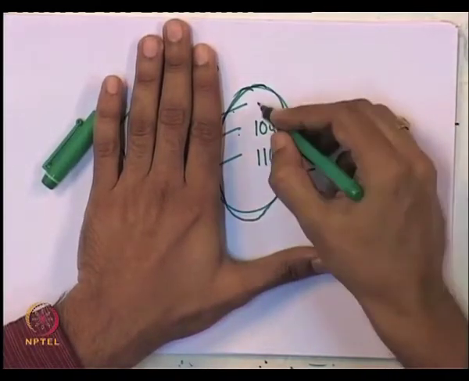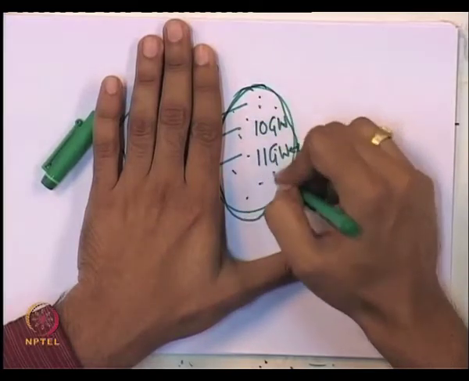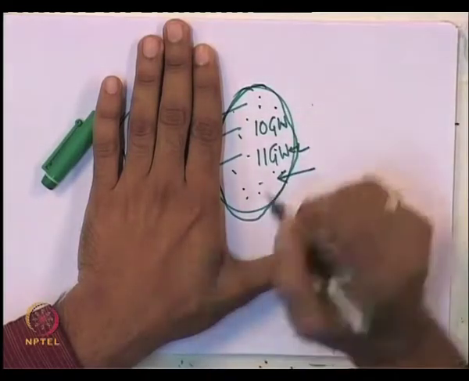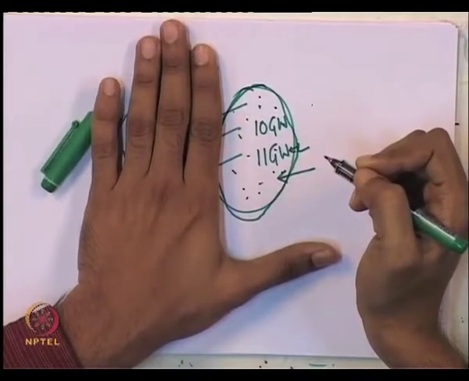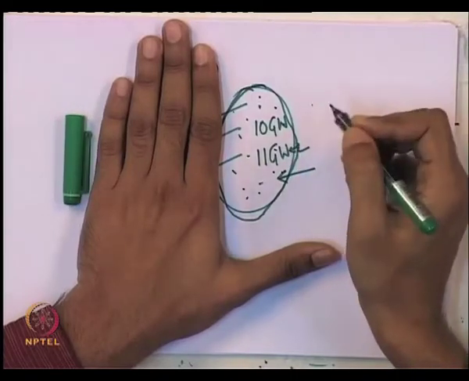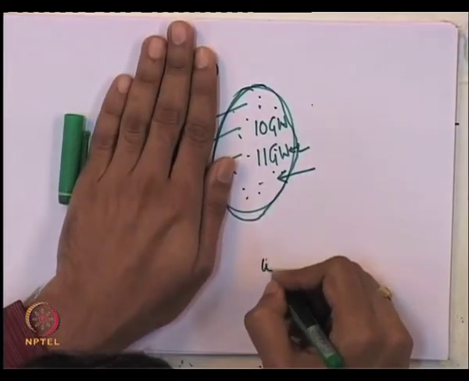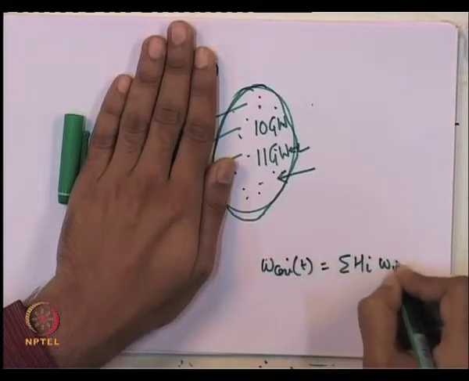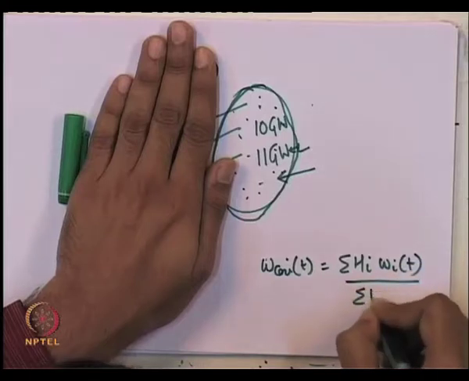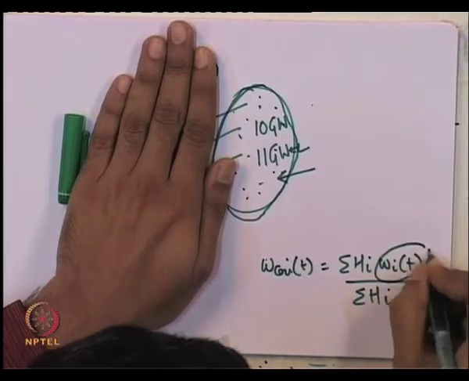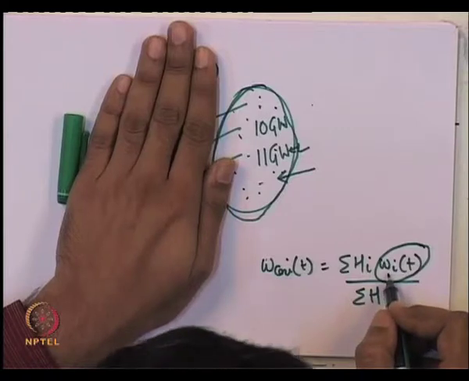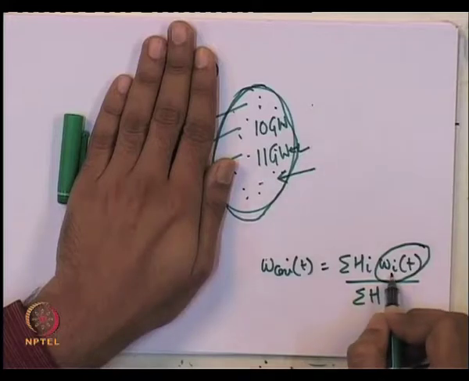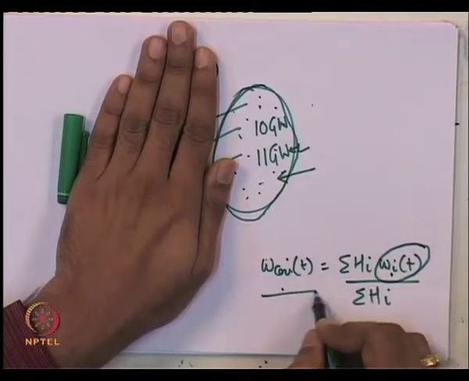The other thing is the speed of all the generators in this island need to be computed in a synchronous way, in the sense that they should be time tagged and sent to a common center, at which, after all, omega COI(t) is sigma H_i omega_i(t) by sigma H_i. You need to know the generator speeds of all generators in that island at the same instant of time, in order to get the center of inertia at that point of time.